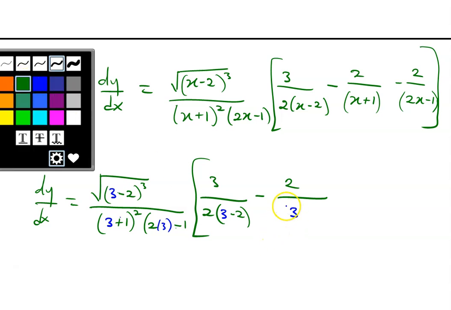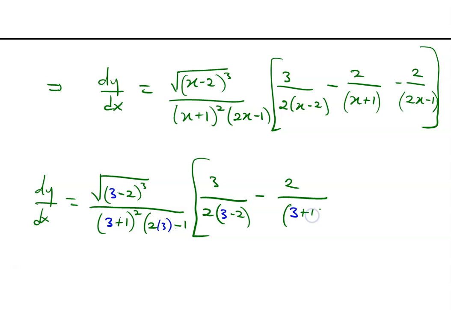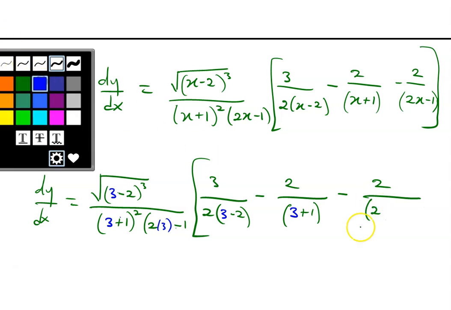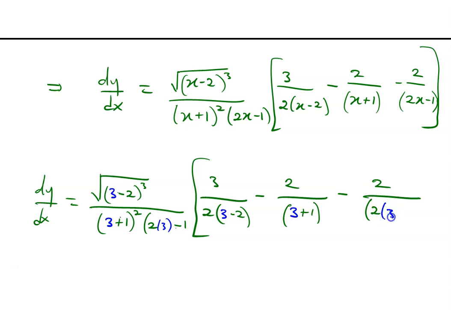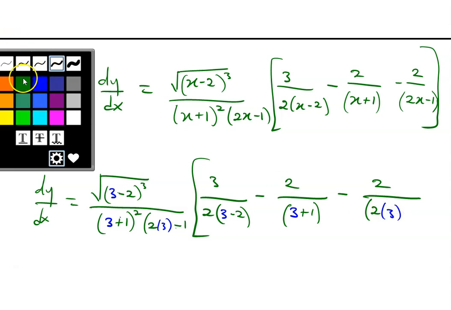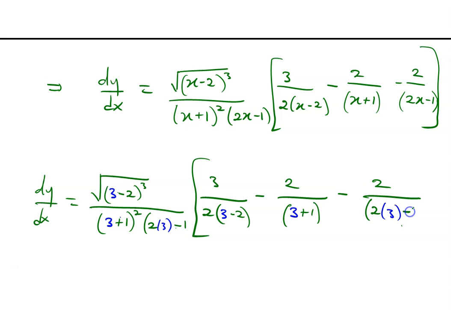So 3 plus 1. Then the last one minus 2 on 2 multiplied by 3, right, minus 1. Yes. Wherever you see x, you place the 3 there.